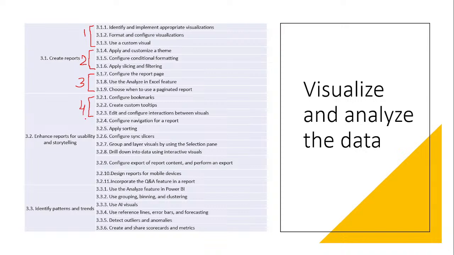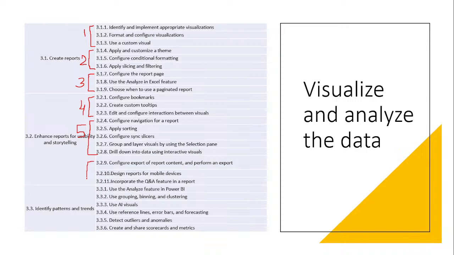I will also let you know the dates on which we are going to go live with these sessions. Configure navigation for the report, apply sorting, configure synchronize slicers, group and layer visuals by using the selection pane, and drill down into data using interactive visuals. This will be session 5.